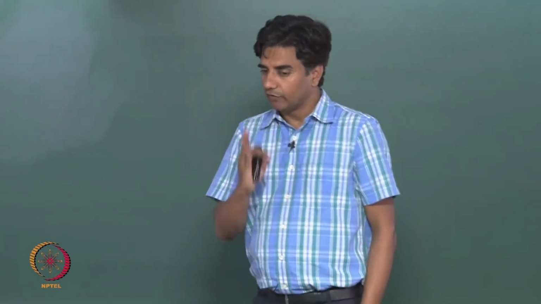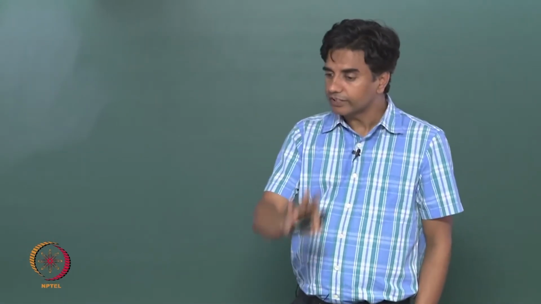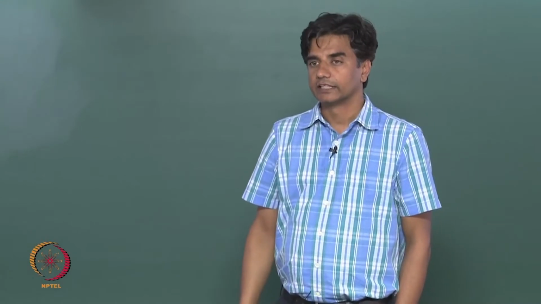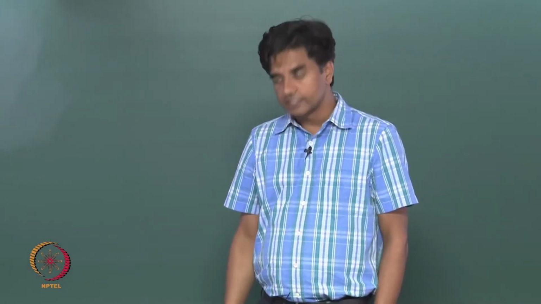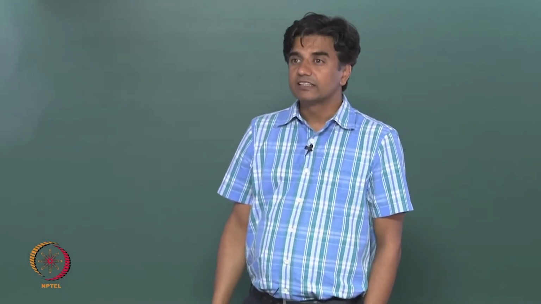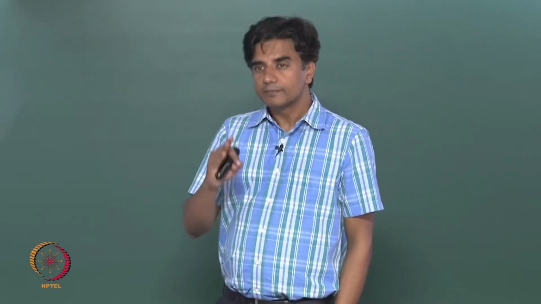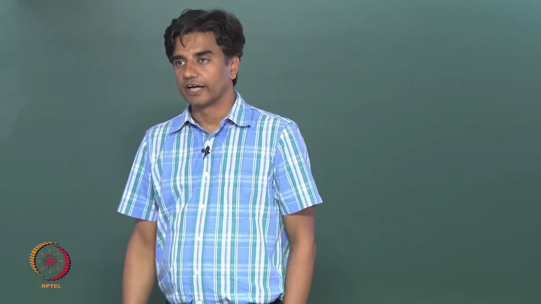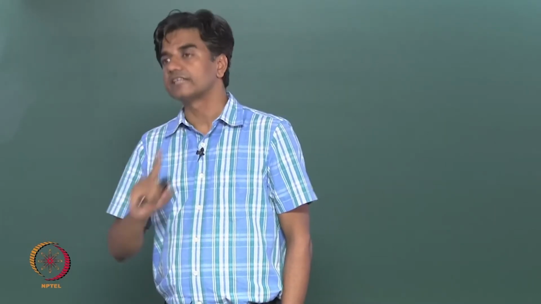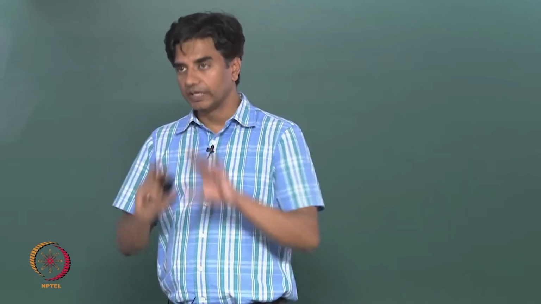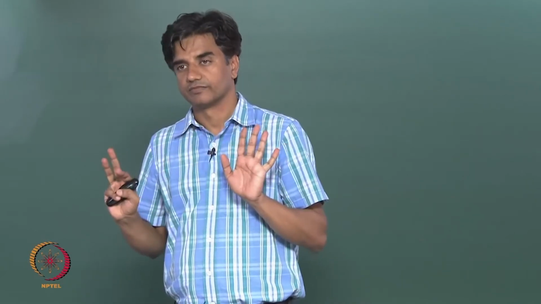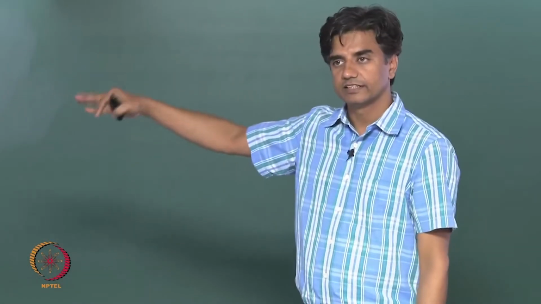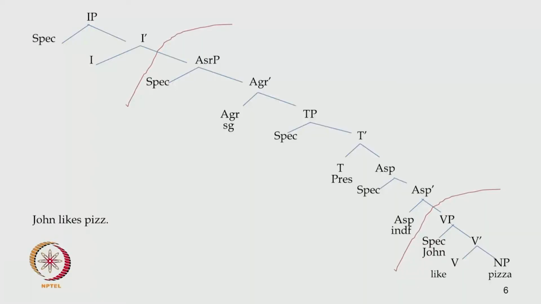Okay? However, after the expansion of I, the proposal was made by Richard Larson that probably subject also originates within VP. Okay? That is, in the specifier position of the VP, we have a space available for subject. Do you see that thing in this structure?